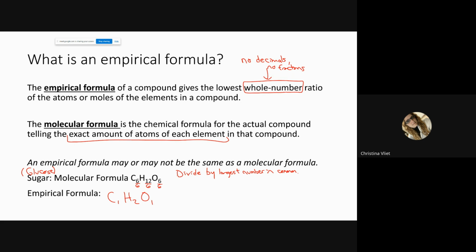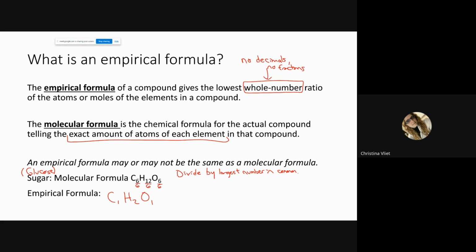Anyways, so this would be the simplest ratio of atoms in this compound. But all monosaccharides, how many of you know what that means? Monosaccharide. It was something you learned in biology. One simple sugar, right?